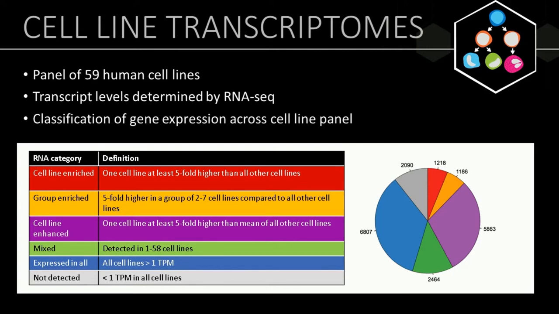That's genes that are expressed more or less only in one cell line. We classify genes also as being group enriched, cell line enhanced, or expressed in all cell lines. As you can see in the pie chart to the right, about 2,400 proteins show a selective expression in one or a few cell lines, and about half of all genes are expressed at more or less similar level across all cell lines.